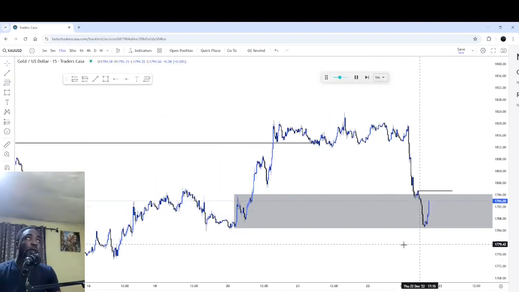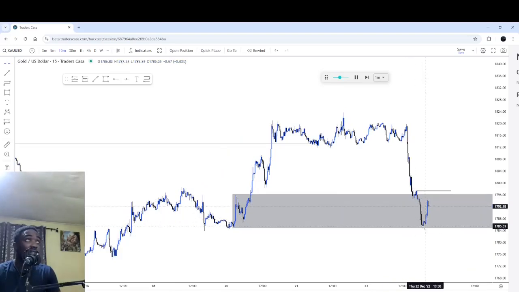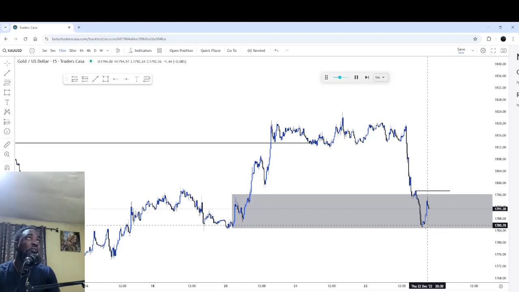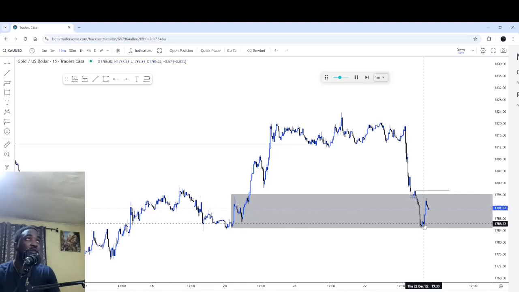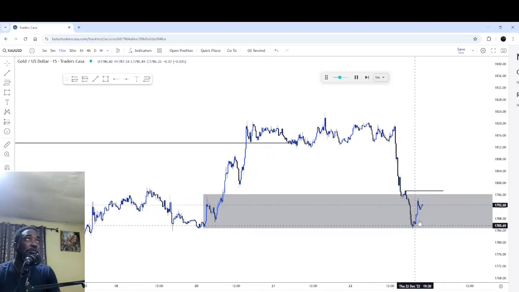So you can see that the 4-hour is just not advisable to just buy, because if you had taken a position over here, you would have taken a loss.